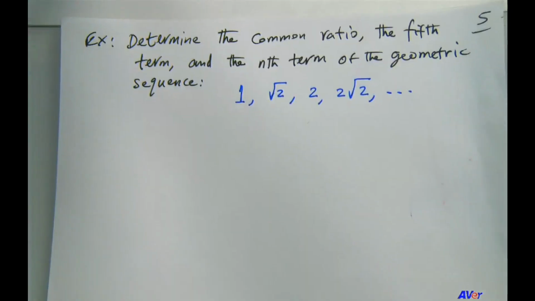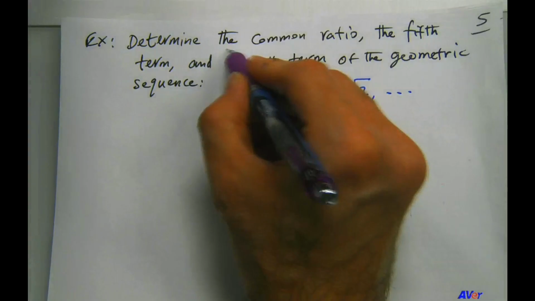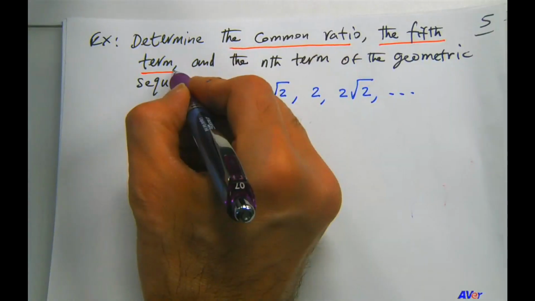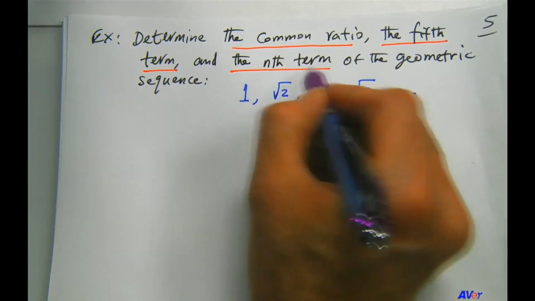Okay, so there are several things they want us to do. Determine the common ratio, the fifth term, find that, and the nth term, which is the formula, right?